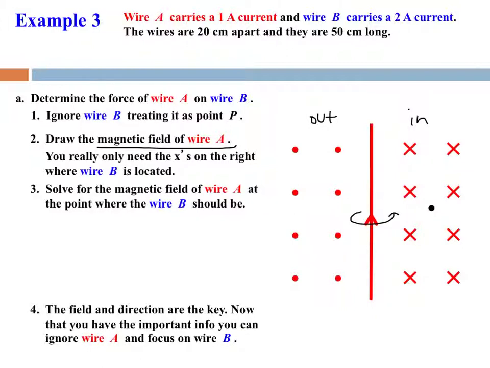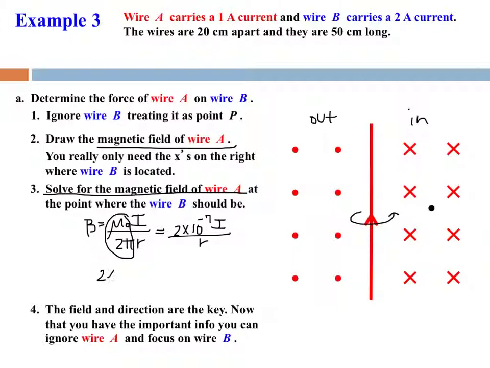Now we need to solve for the strength of the magnetic field of wire A. So to do that, we need B equals mu naught I over 2 pi r, where r is the distance between wire A and wire B. Remember, this equation can also be written as 2 times 10 to the negative 7, combining all these constants up in front, times I over r.